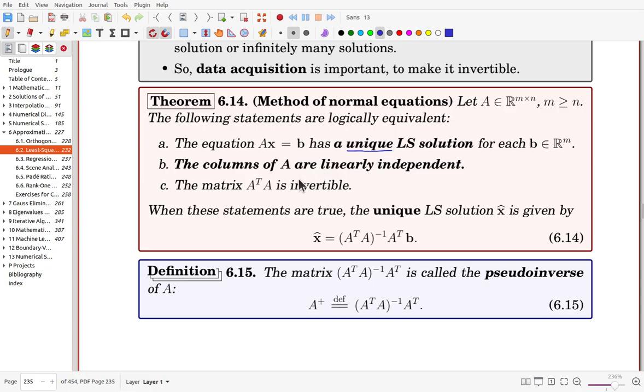So for uniqueness of the least squares solution, you may check the columns of A. This is the practical way to see if there is a unique least squares solution. Once it is unique, then by inverting the matrix A transpose A, you can find the unique solution.